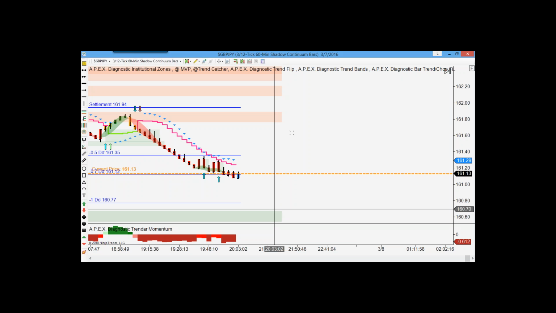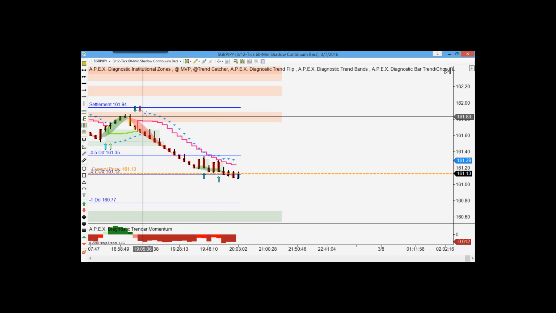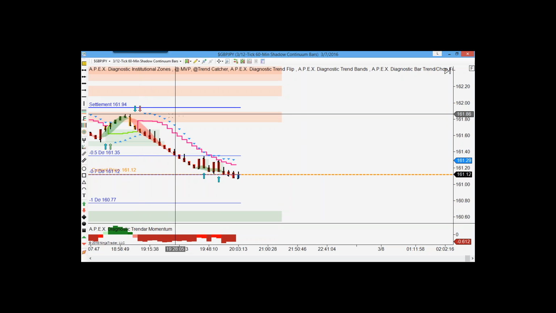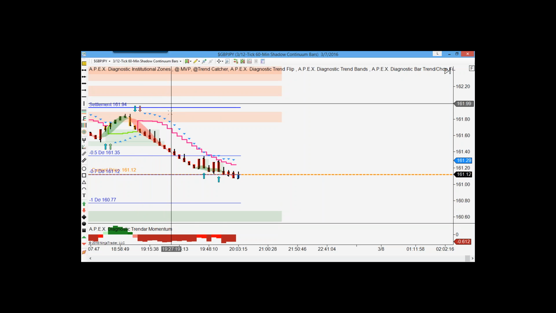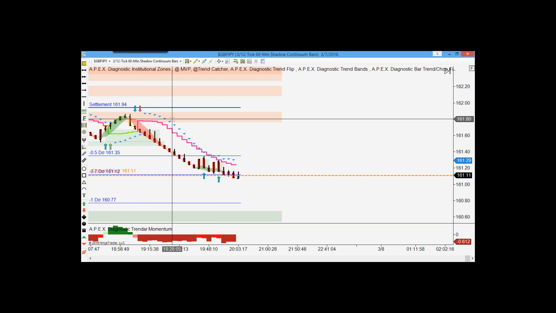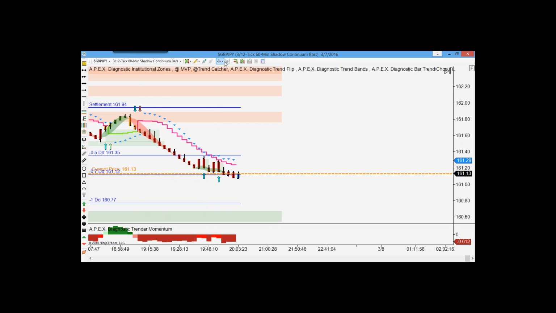I want to show you something real quick here. Again, I'll show you where you get more info on this, but this particular chart right here is what we call our iZone sharpshooter system. You see this orangish red colored shade here?